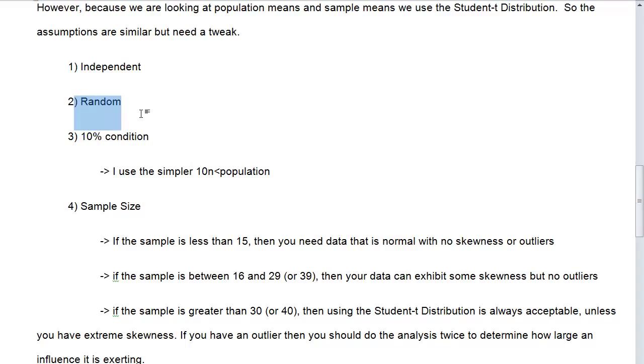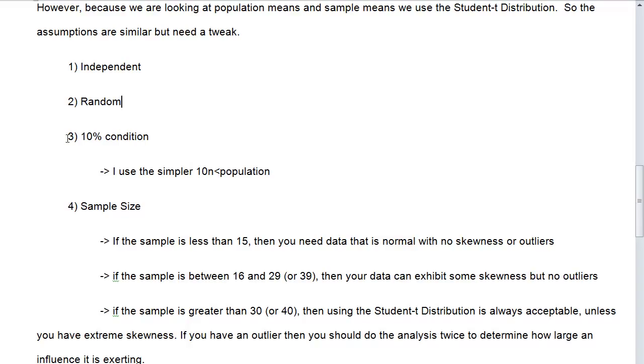And there are tests. If you're a psychologist and you're worried about randomness and independence, you probably have some sort of admission survey that you're giving to them to make sure that they look like the rest of the population. There are some things that you can do with a convenient sample with this type of sampling method that can ensure independence and randomness. And so what I'm going to say is the psychologist did those things and the random condition is met.